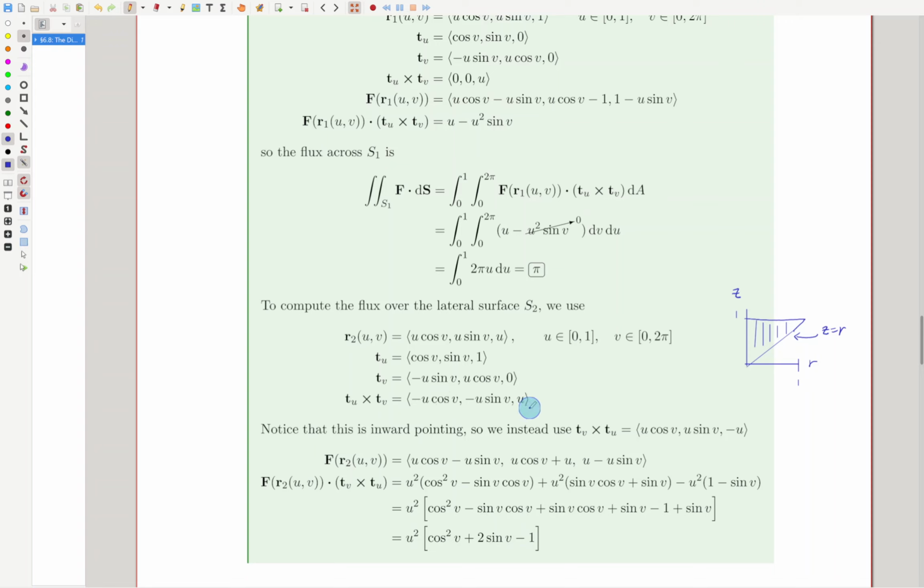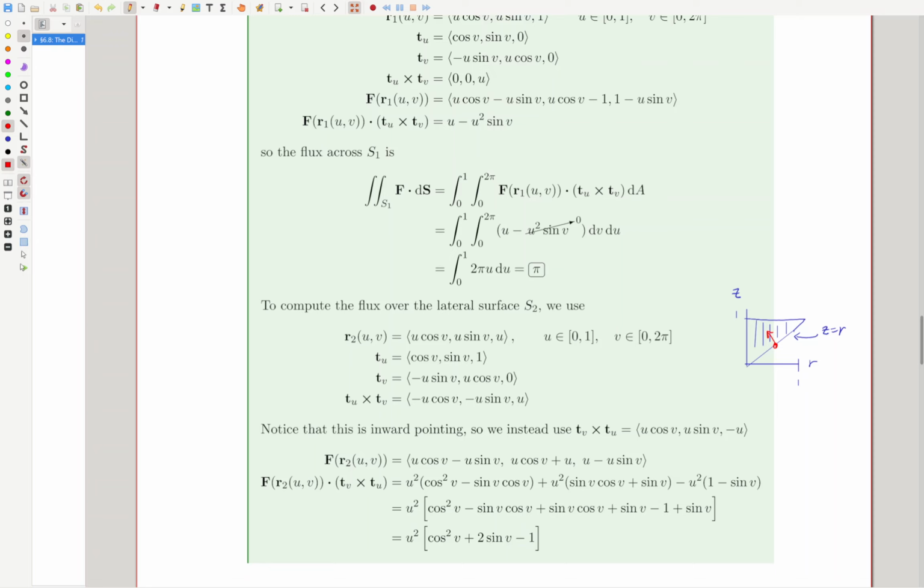But for the z, it's pointed up. If you take a point on this lateral surface S, what tu cross tv is saying is that the vector ends up pointed this way, which is inward. It's pointing into the solid cone. And so that is not the right direction.